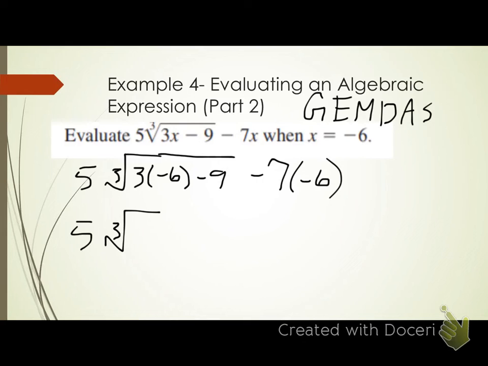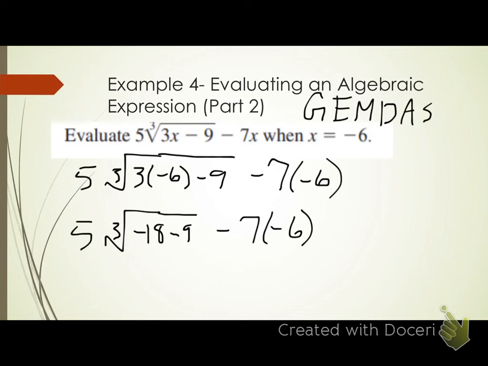So what would come first under the radical? Multiplication, right? 3 times -6, which we said would be -18. Okay with that? Is the stuff under the radical completely simplified now? Or do I have more operations under the radical?